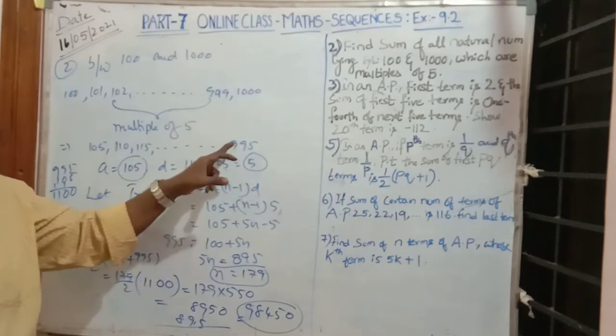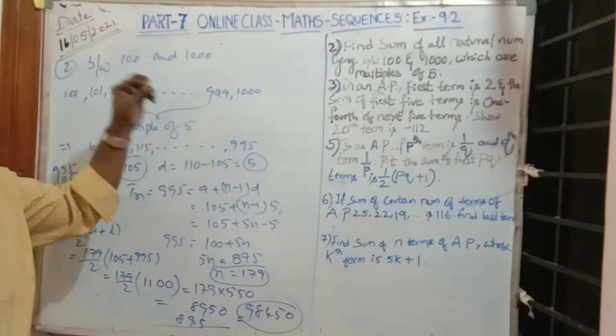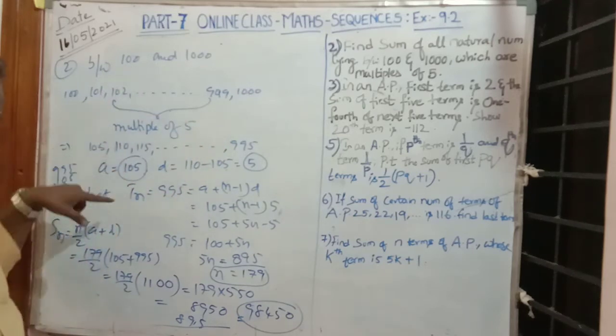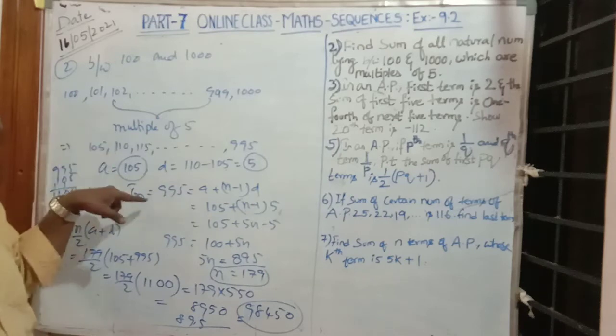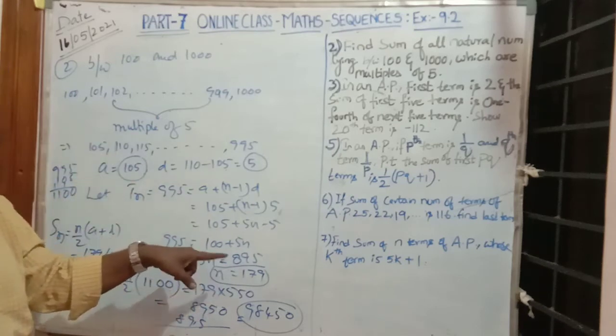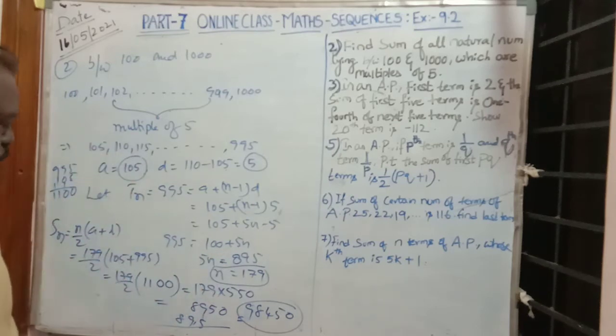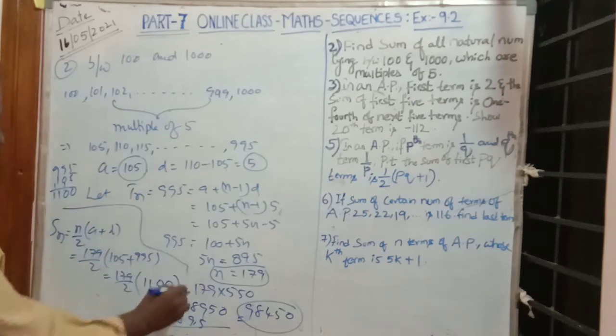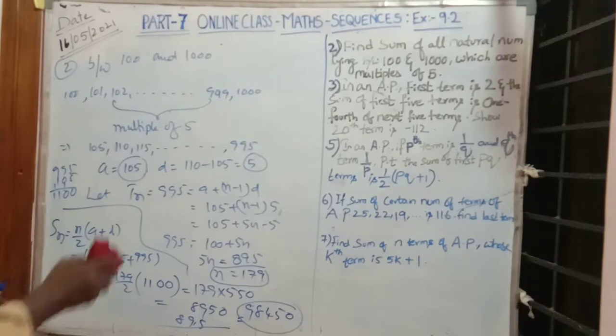Then we find which term that number 995 is, the nth term, n is 179. Like that we have to calculate. It's an important concept. Go through it. Okay, right.